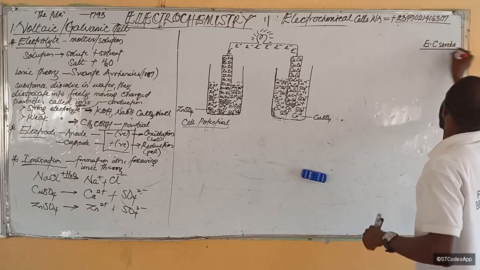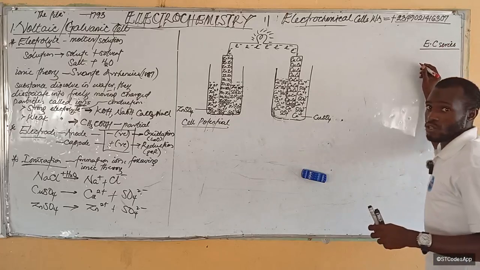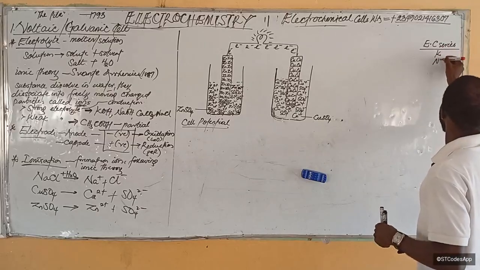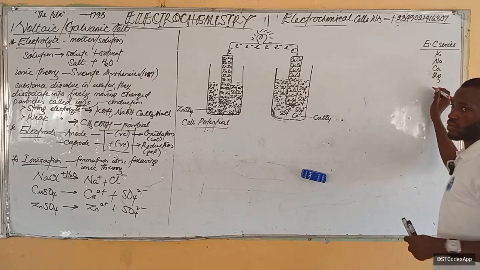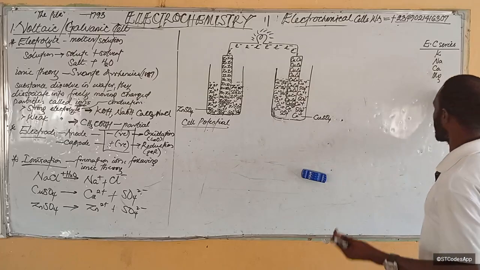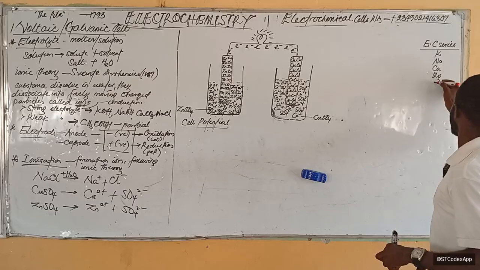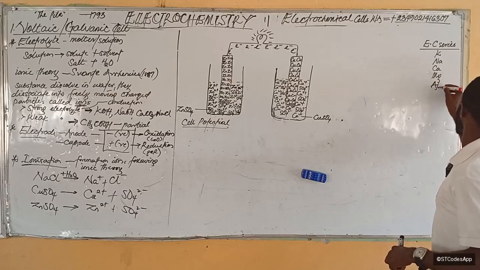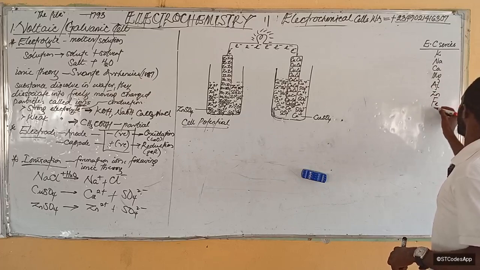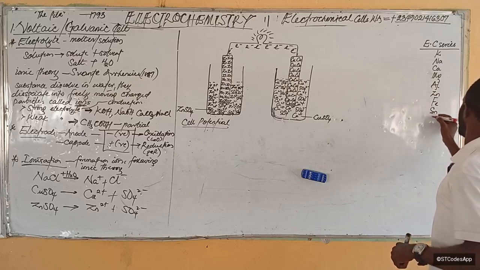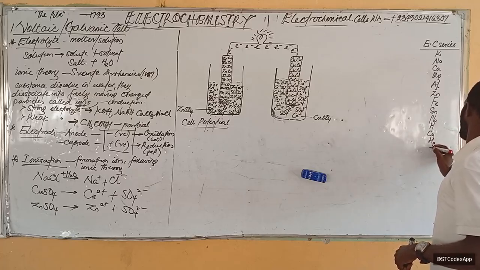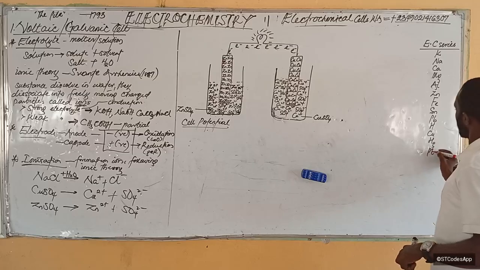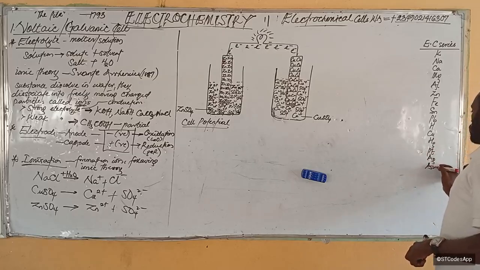Now, the electrochemical series comprises both metals and non-metals. So we have the K, Ca, and so on. You must master this, okay? I'll give you a mnemonic, but I'll not finish it because I don't remember it to the end. Fe, Sn, Pb, H, Cu, Hg, then there's platinum, there's Ag, and there's Au.